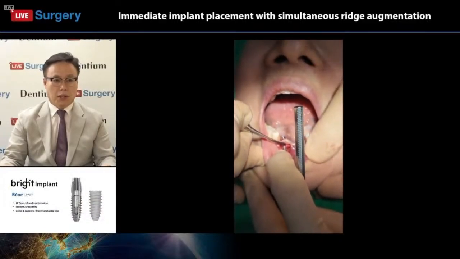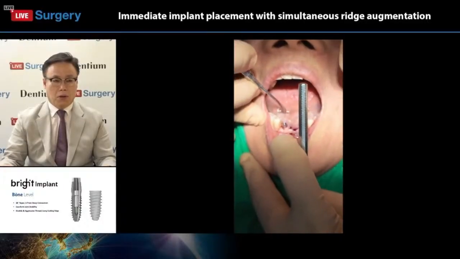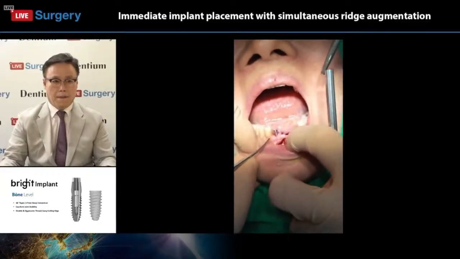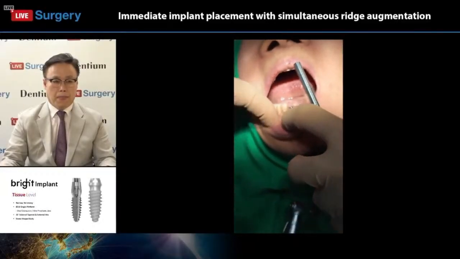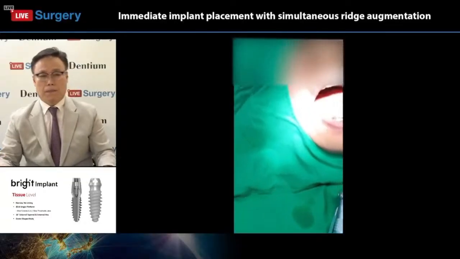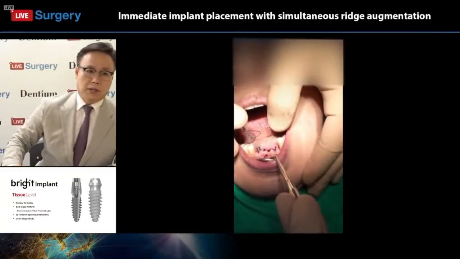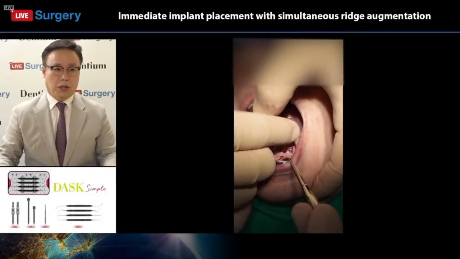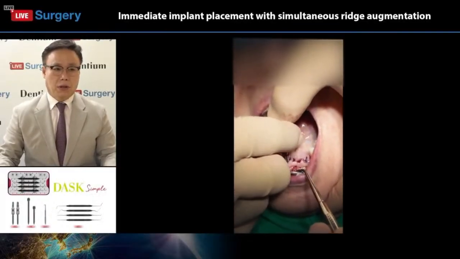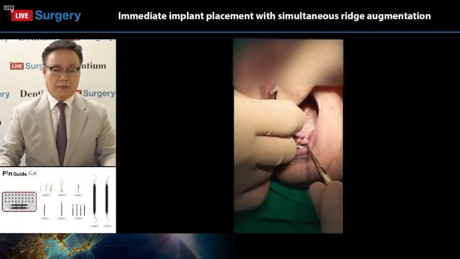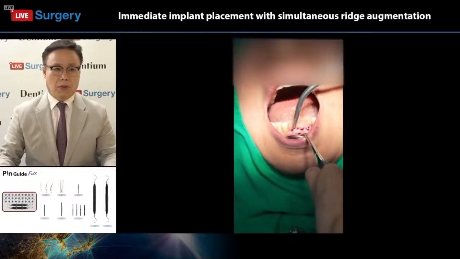And the exposed implant surface will be covered by the bone graft. So we are evaluating that. Some people say the vestibular incision is not easy. However, for me, it's a very good choice, especially for the soft tissue graft. I think I introduced my soft tissue graft technique before.